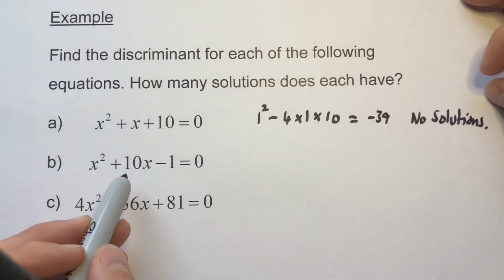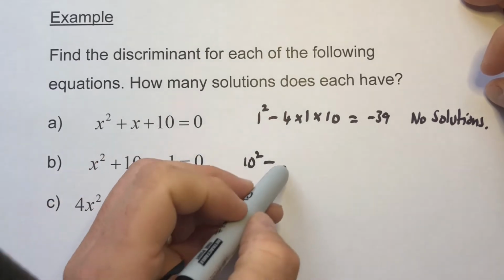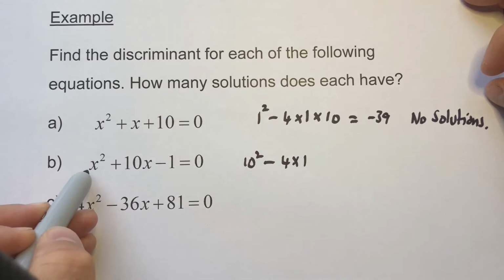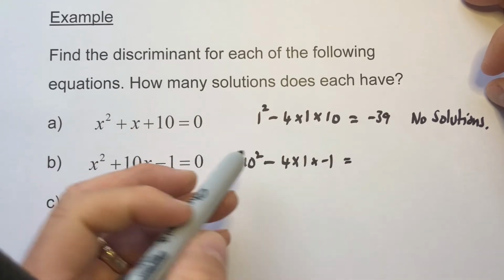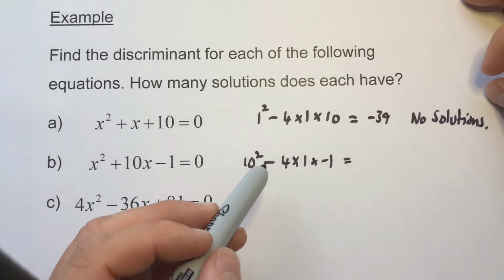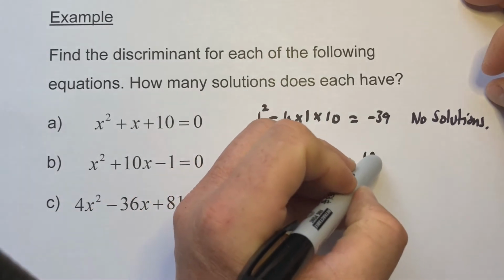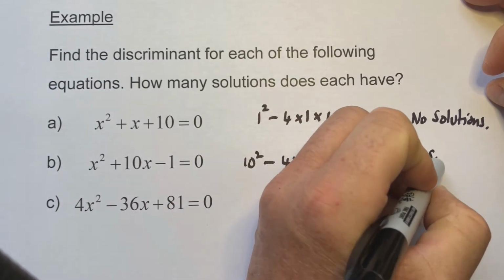Repeat it for this one. So we've got b squared, so we've got 10 squared, take 4 times a times c, c being minus 1 this time. So we have 100 plus 4, we have 104. So here we have two solutions.